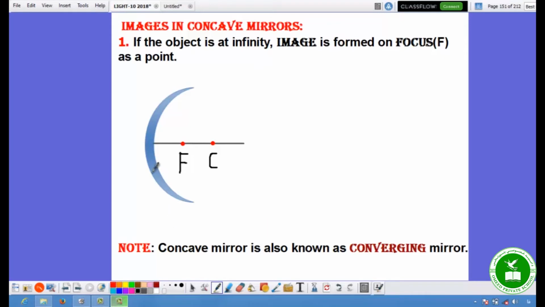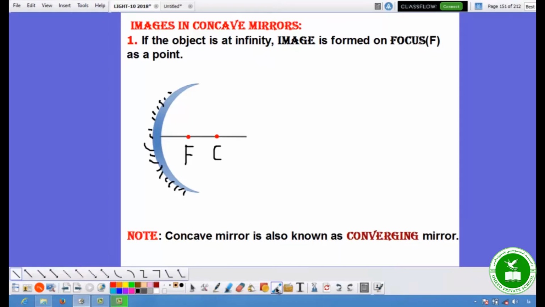This outer surface is painted, and the inner surface is shiny and reflects rays. In previous classes we also discussed that we need only two rays for image formation. Let's use this concept here.